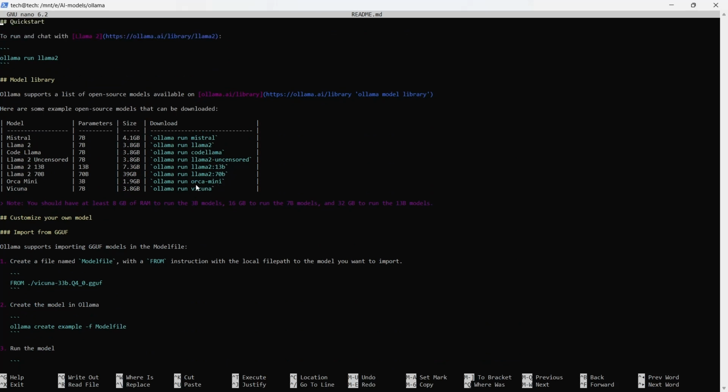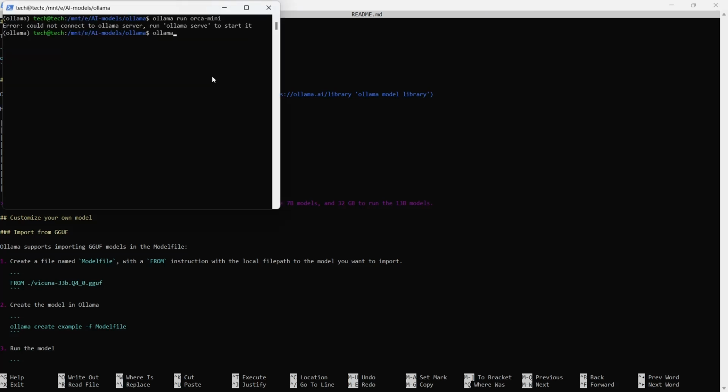So we're going to use those commands to compare the different models. They're all 7 billion parameter models, but we're going to use also Orca Mini, which is a 3 billion parameter size.